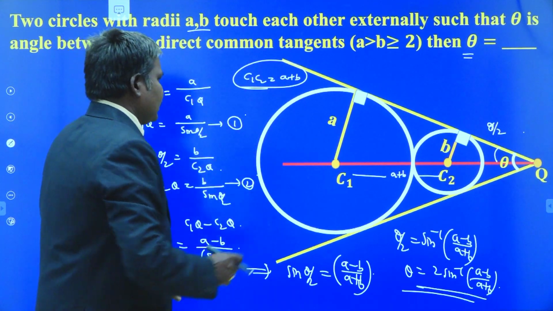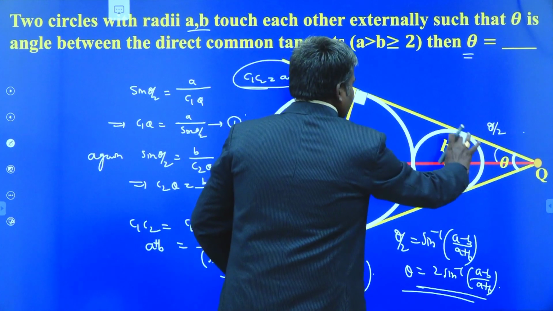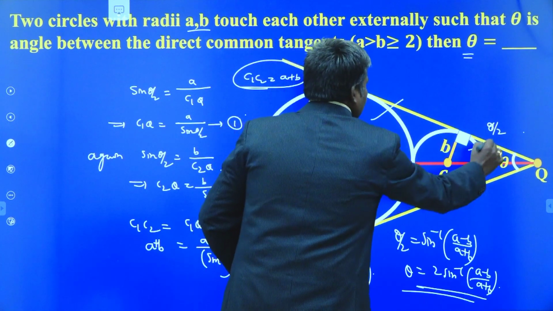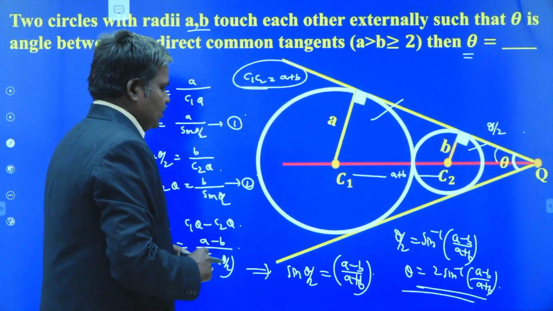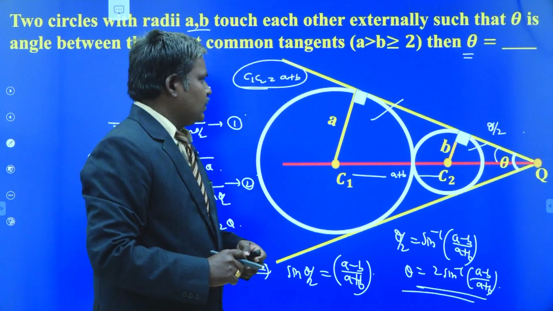Just by taking sin theta by 2 for both the triangles, this is one triangle, this is the second triangle, we obtain theta as 2 sin inverse of A minus B by A plus B. Understand?